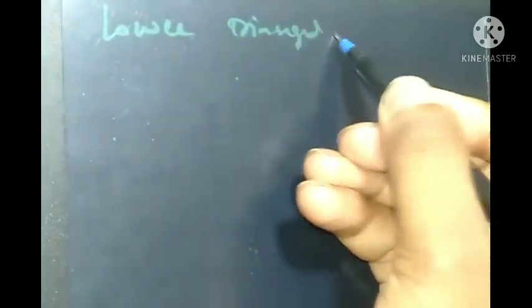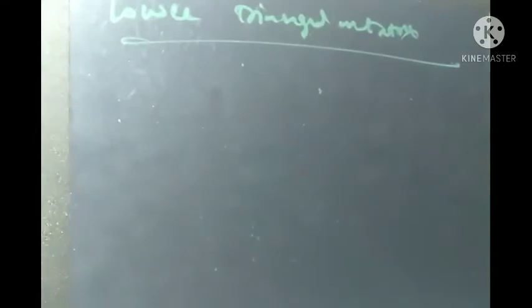And we move on to the lower triangular matrix. What is a lower triangular matrix? A square matrix is said to be a lower triangular matrix if all the entries above the diagonal line are 0.